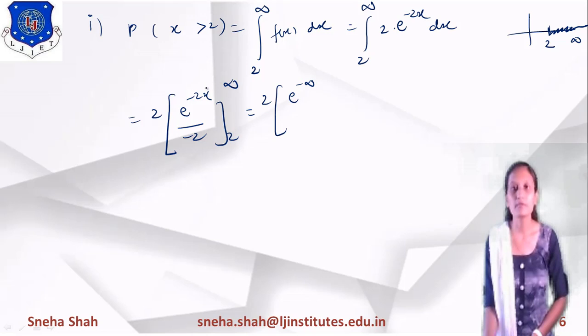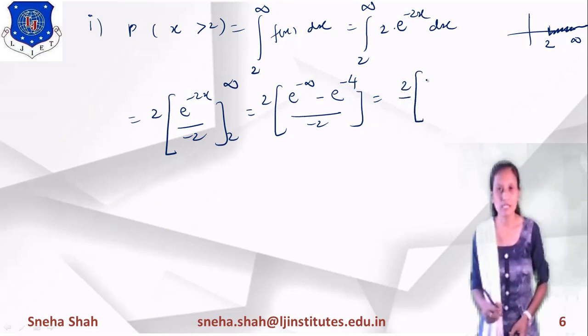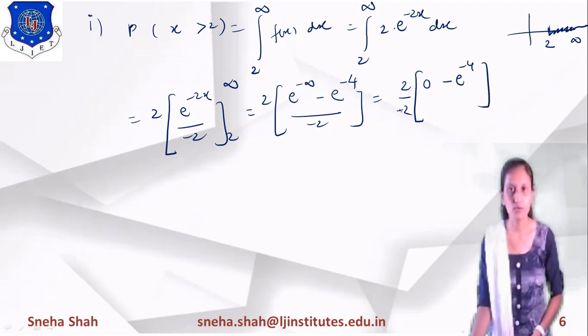Putting in the limits, the term will be e raised to minus infinity minus, putting 2, 2 into 2 means 4, so e raised to minus 4, divided by minus 2. As you know, the value of e raised to minus infinity equals 0, so this becomes 2 into 0 minus e raised to minus 4 divided by minus 2, right?